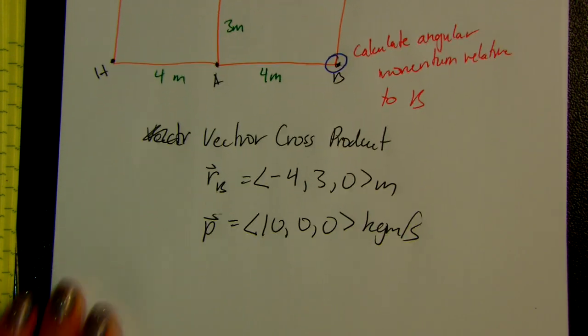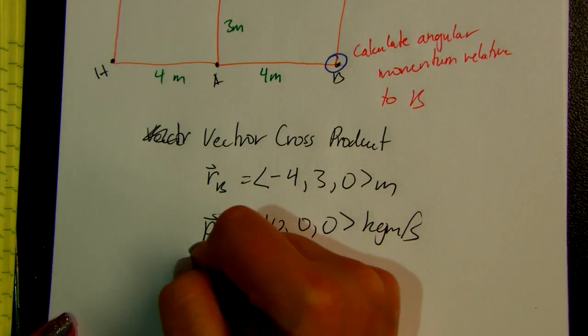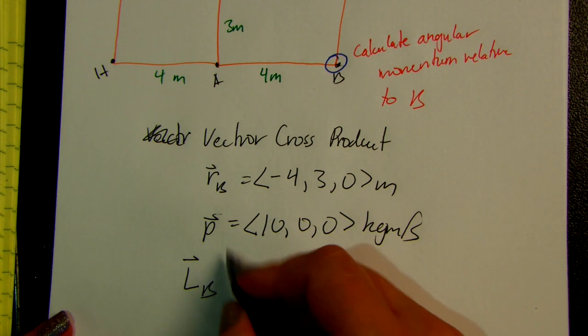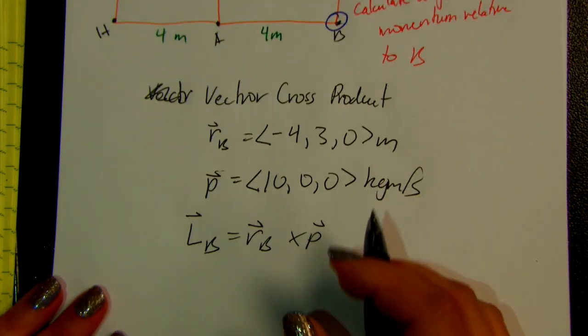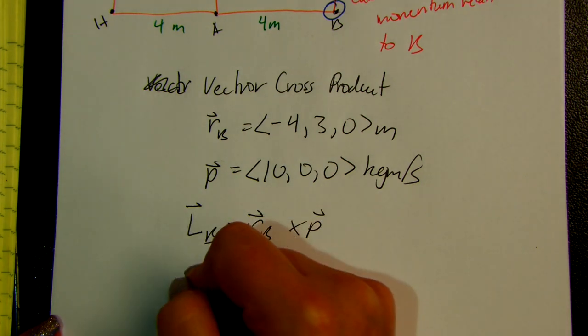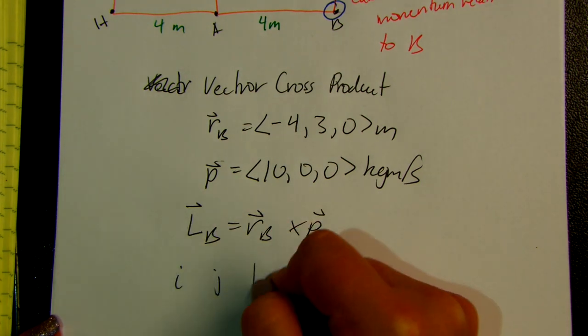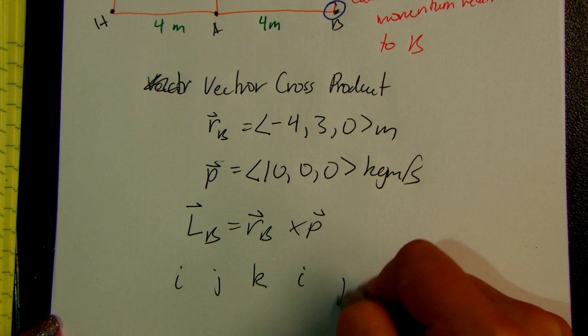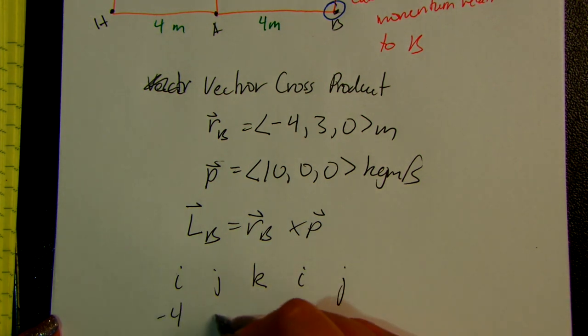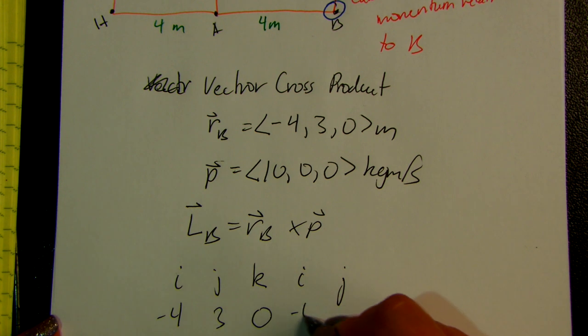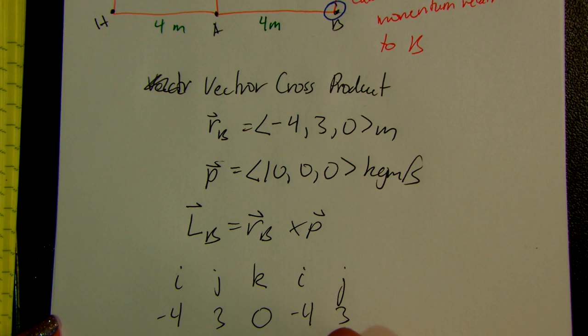All right, so set up, we know that angular momentum with respect to B is equal to RB cross P. Set up I, J, K. Minus 4, 3, 0, and 10, 0, 0.